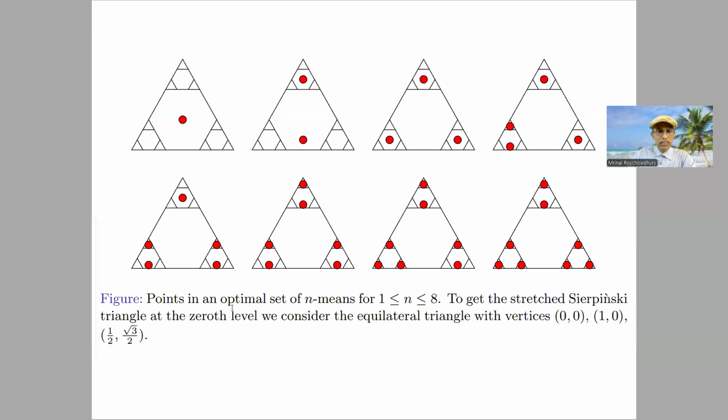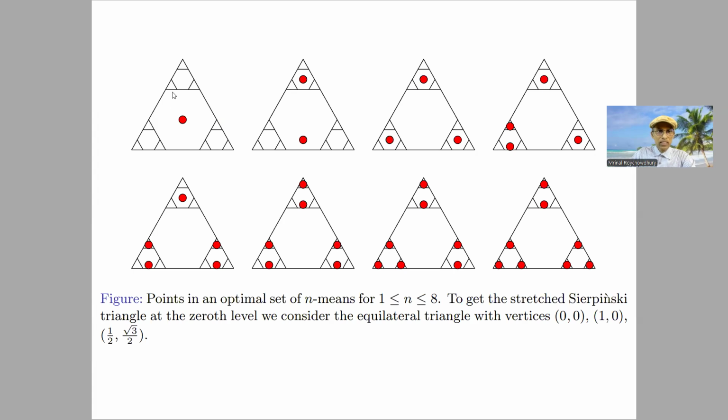So here it is constructed. To get the stressed Sierpinski triangle at the zeroth level, we consider the equilateral triangle with vertices (0, 0), (1, 0), and (1/2, √3/2). If you apply the mapping S1 on the whole triangle, it goes to this small triangle.